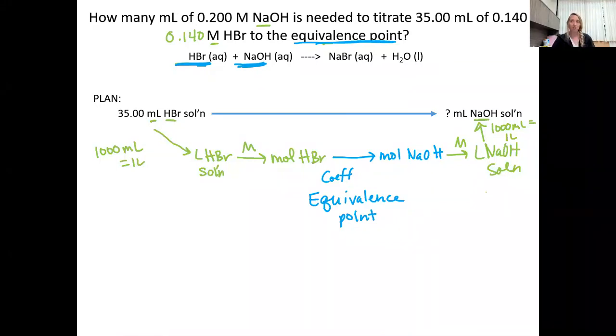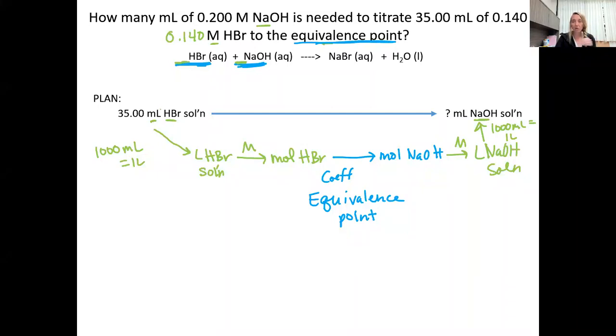Okay, so there was a question with this: can I use M1V1 equals M2V2? Titrations and dilutions are very different. Mathematically, if I'm going to be honest, it will work because it's a 1-to-1 ratio.